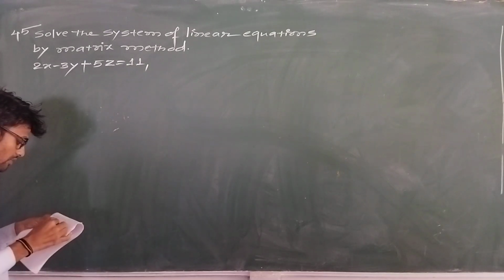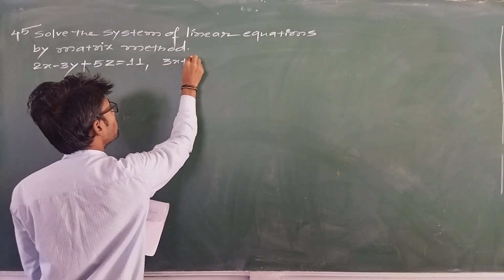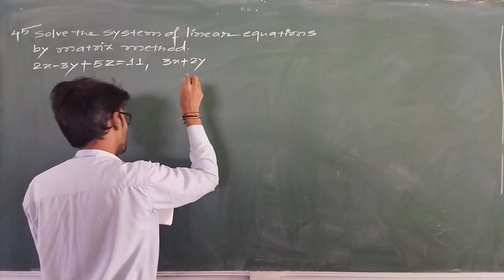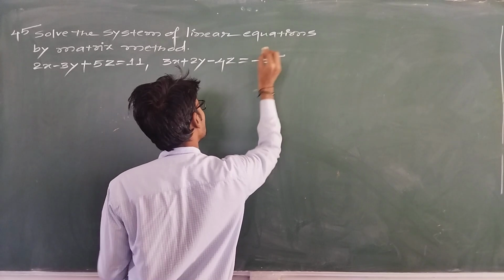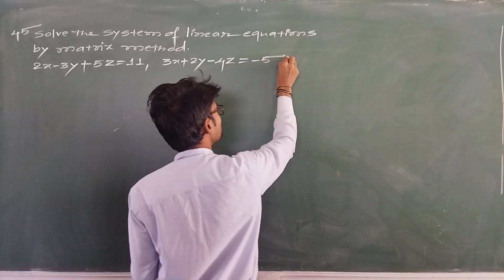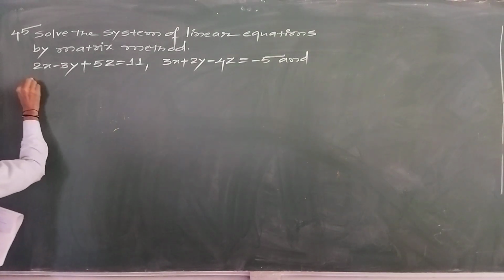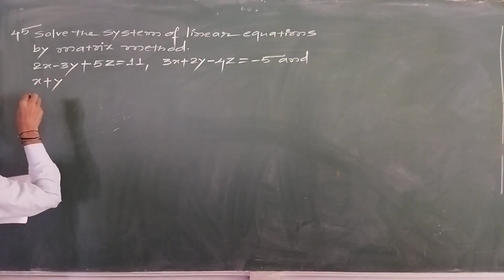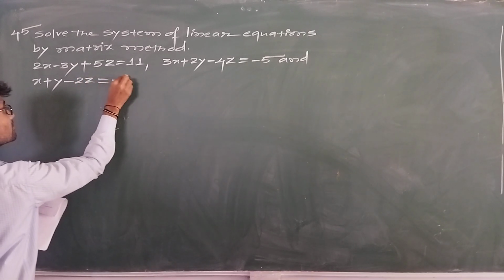This is the first equation. The second one is 3x plus 2y minus 4z is equal to minus 5. And x plus y minus 2z is equal to minus 3.